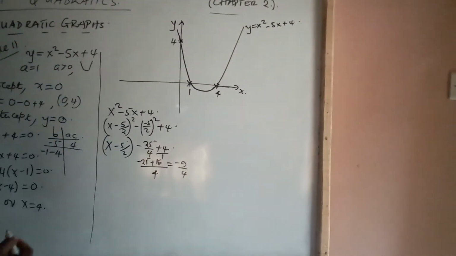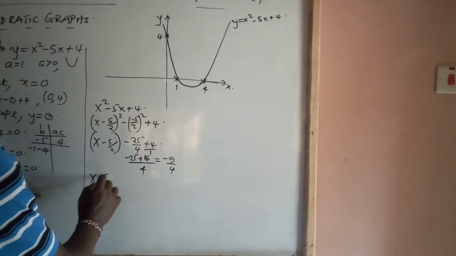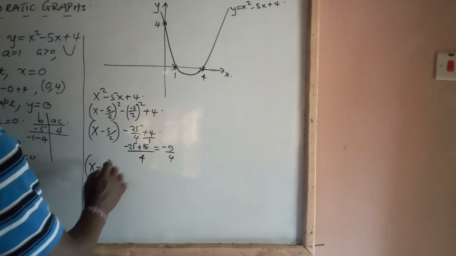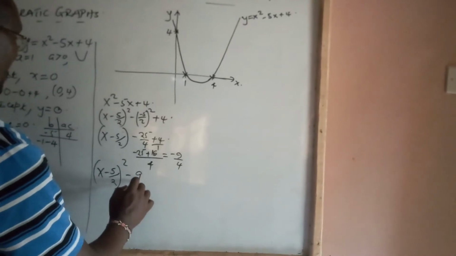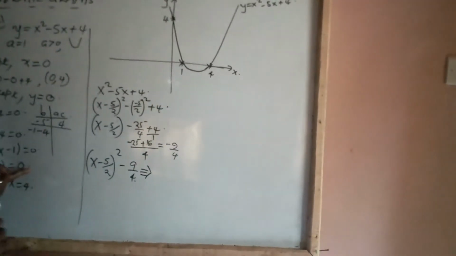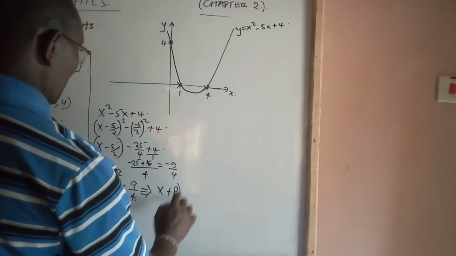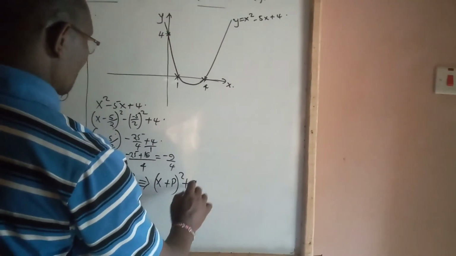So the completed square statement is x minus 5 over 2 squared minus 9 over 4. This one is already in the format of x plus p squared plus q.